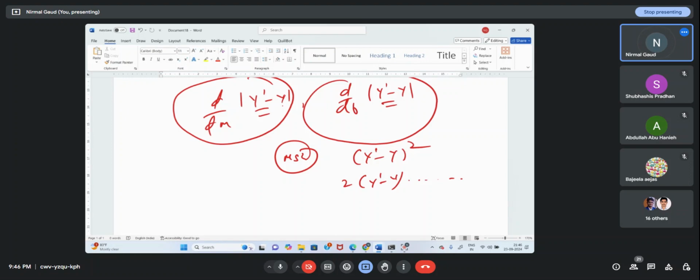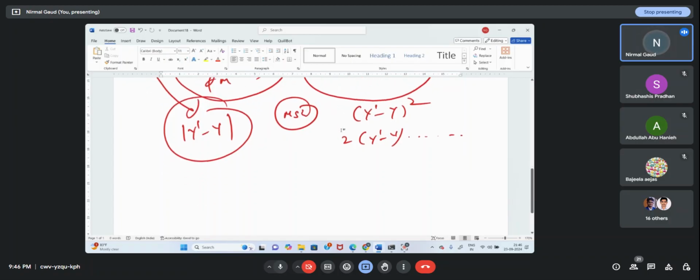MAE is just like you calculate y dash minus y, that is the absolute error. We use MAE when MSE, the mean square error, is more, meaning there is presence of outliers in the data, due to which error is coming more, because here the square of the error is calculated.